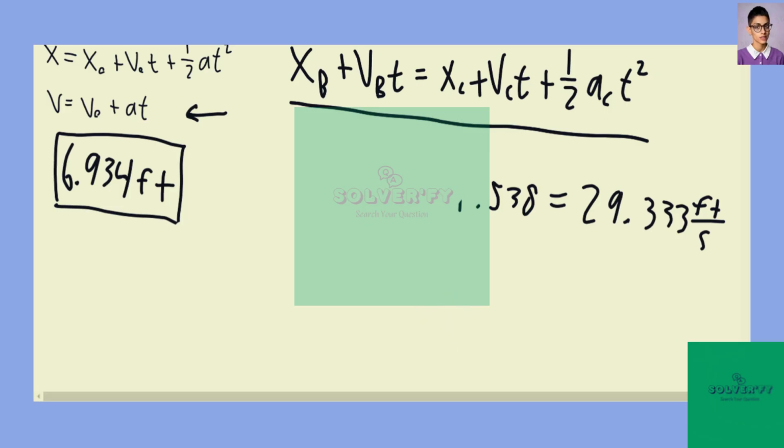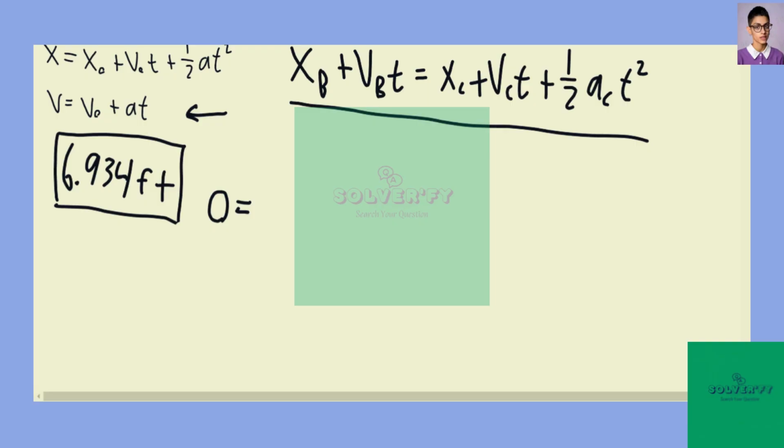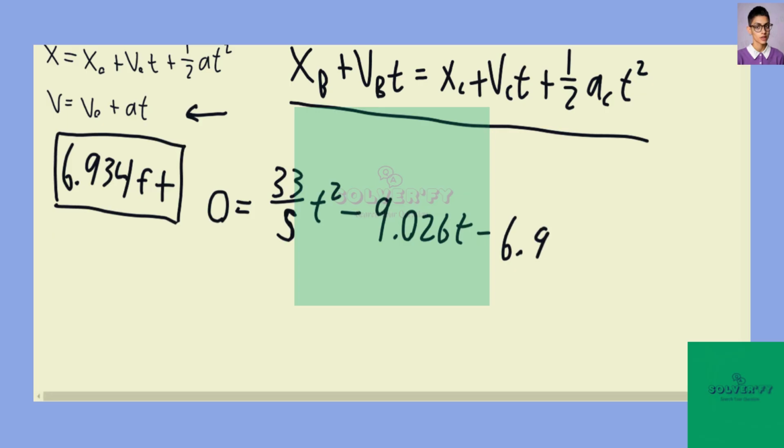After you plug in everything and move it all over to one side, you should get that 0 is equal to 33 over 5 reduced t squared minus 9.026 t minus 6.943.